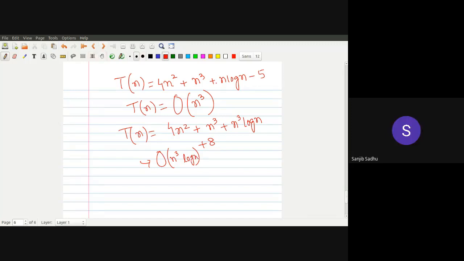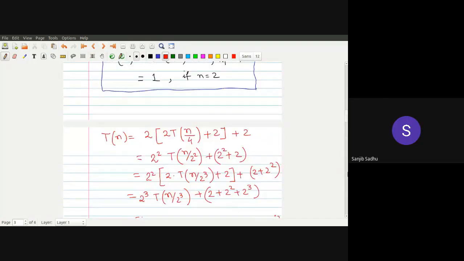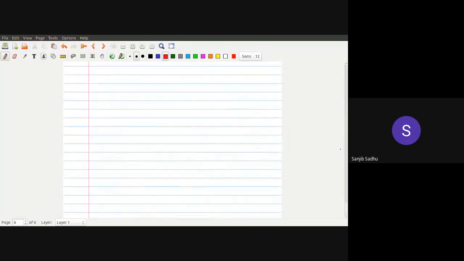If you draw a graph, you will get it like this. Suppose this is the x axis and this is the y axis. This is basically a function of n, and this is n. If you take y as n, you will get a curve like this.